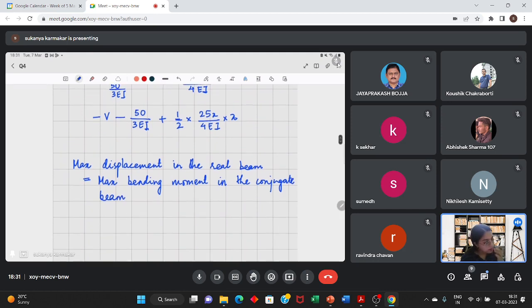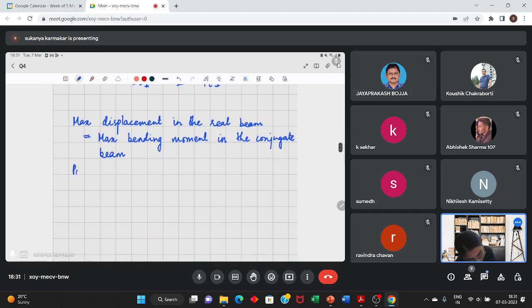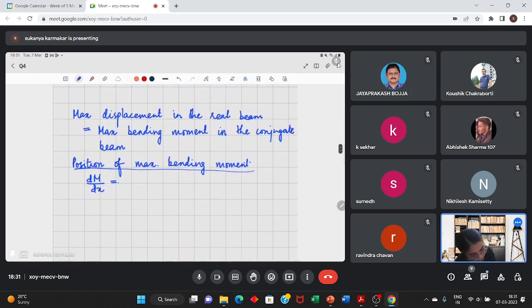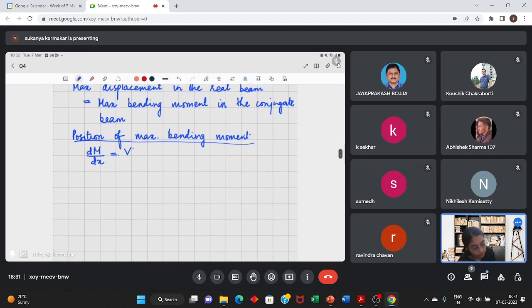And how will you calculate the position of maximum bending moment? For that, you use the fact that dM by dx is equal to V. So at the point where the bending moment is maximum, the shear force is 0.